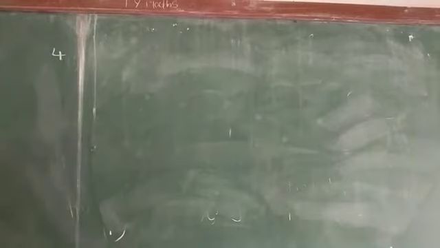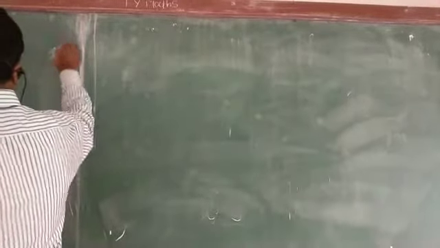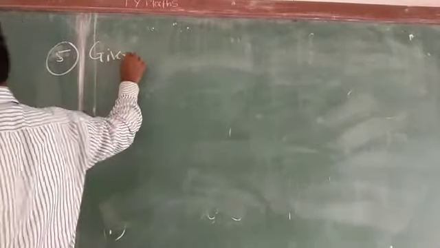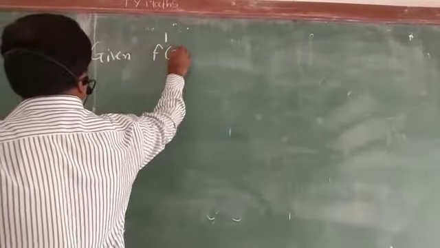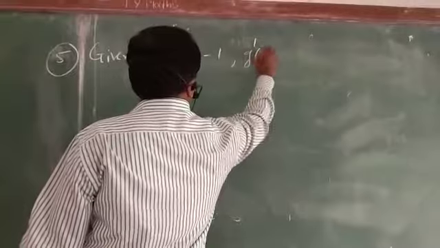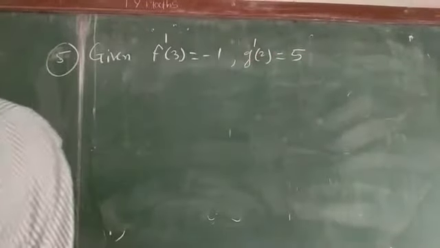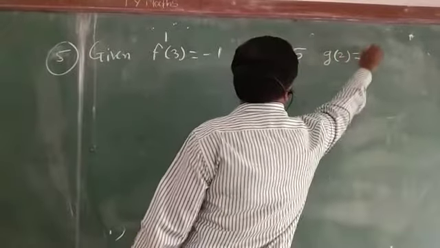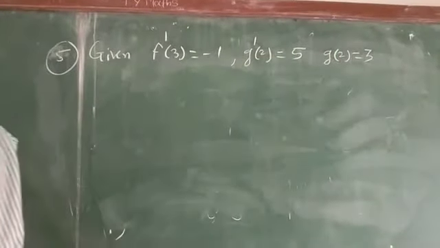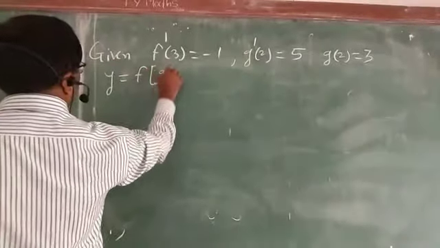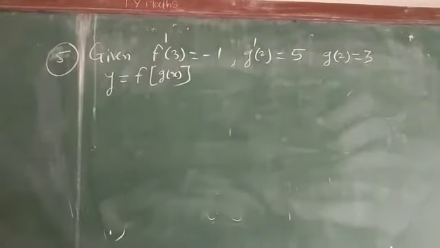Example number 5. Given f dash 3 equal to -1, g dash 2 equal to 5, g of 2 equal to 3, and y equal to f of g of x.